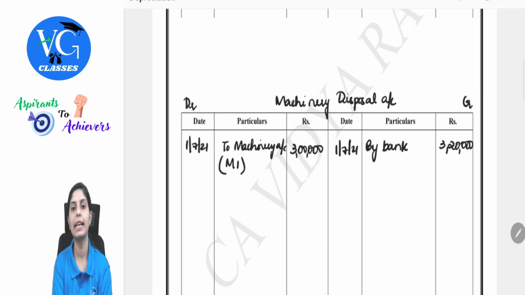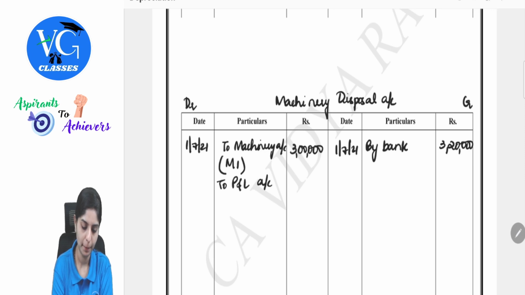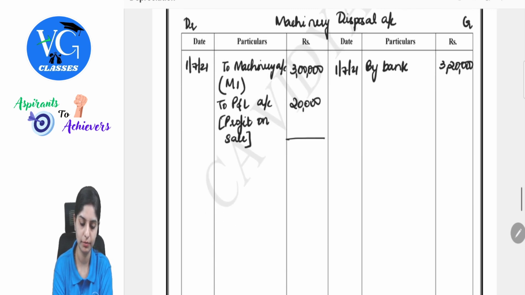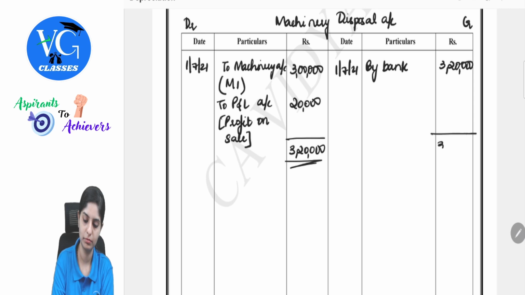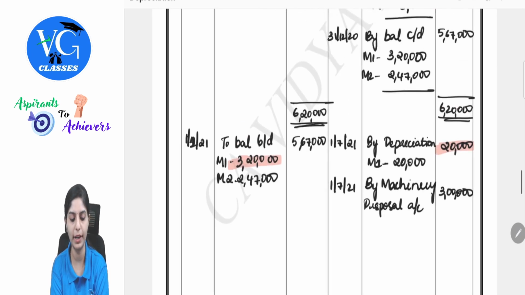Now you are getting more on sales, so you are making profit on sale. How much? 20,000. So to P&L account, profit on sale 20,000. Clear with this? So this was with respect to machine number 1.